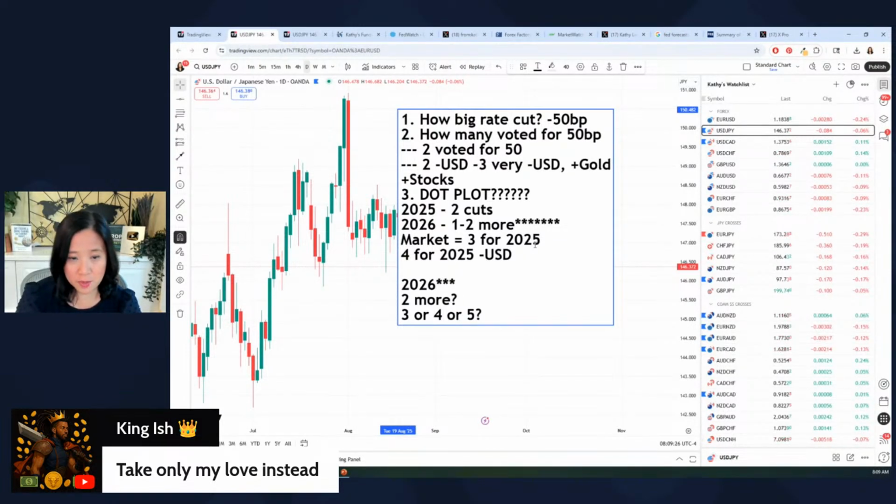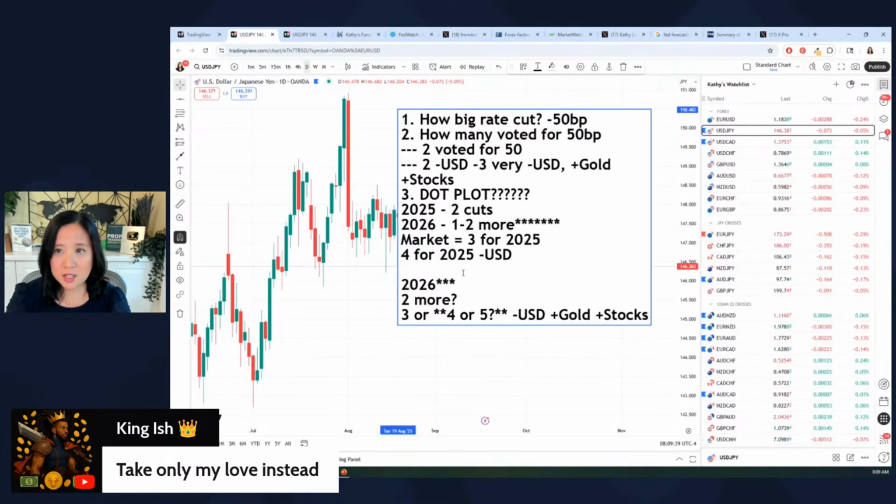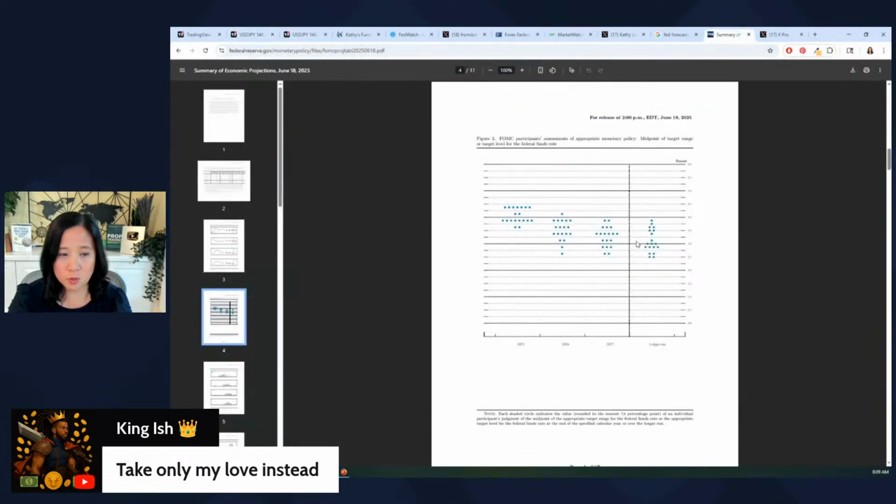I think it's going to be between 4 or 5. That is going to be very dollar negative, very gold positive, and very stocks positive.